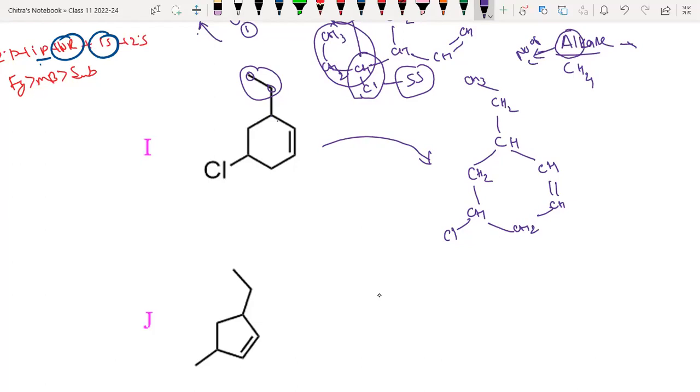So alkane minus 1 hydrogen becomes alkyl. Like for methane it becomes methyl. If we have 1 carbon, it is methyl. If 2 carbon, ethyl. 3 carbon, propyl. 4 carbon, butyl, then pentyl, hexyl, like this.